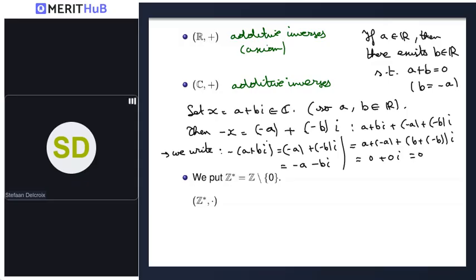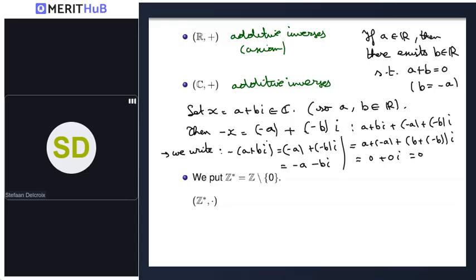So the identity is still 1. Do we have inverses here? If you pick a non-zero integer, can you multiply it by another non-zero integer and get 1? What is the multiplicative inverse of 2? 1/2.